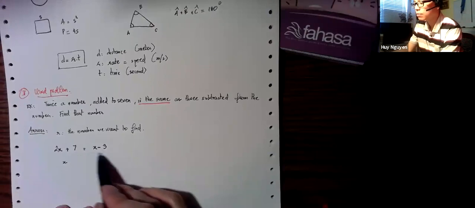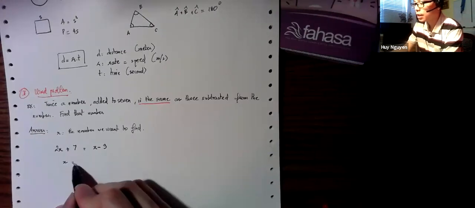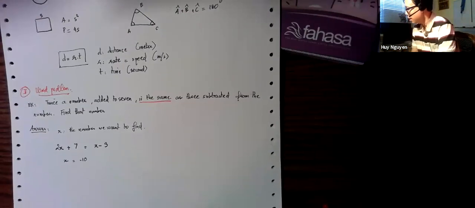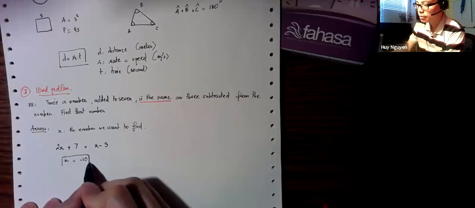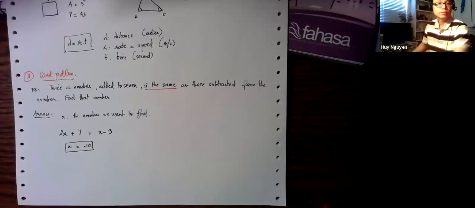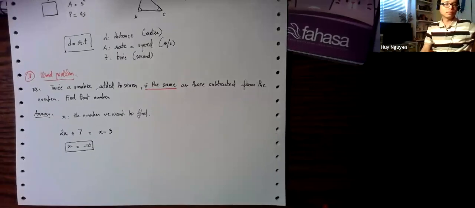Minus 3 minus 7, on both sides, gives you negative 10. So the number will be negative 10. That's it. As long as you can set up an equation, everything afterward will be very easy.